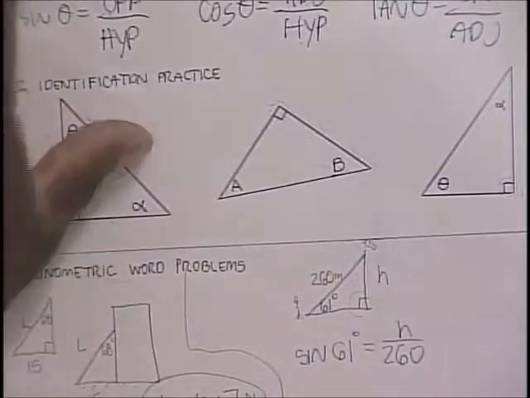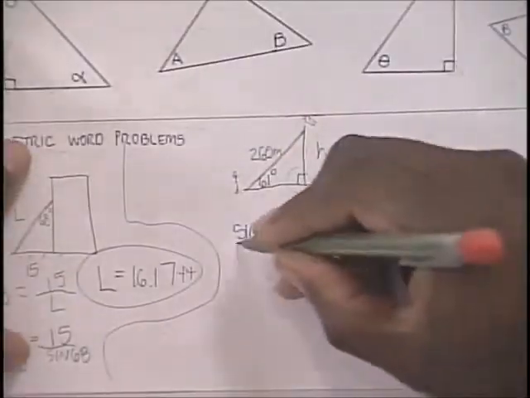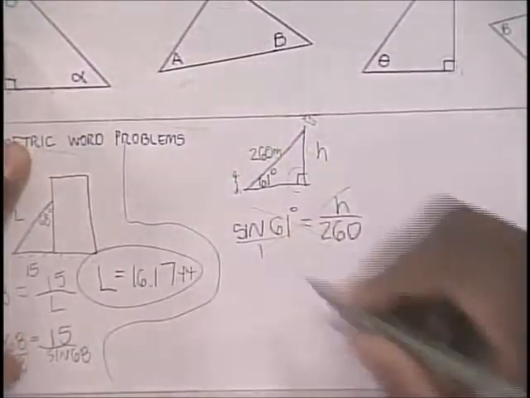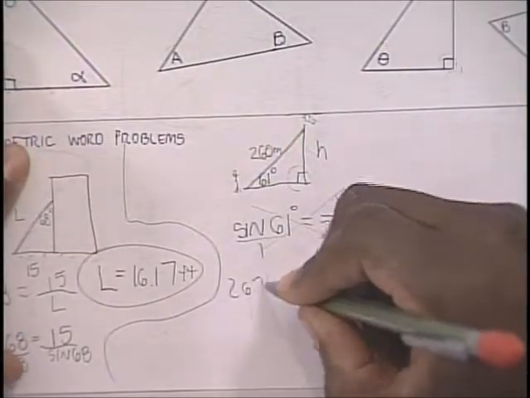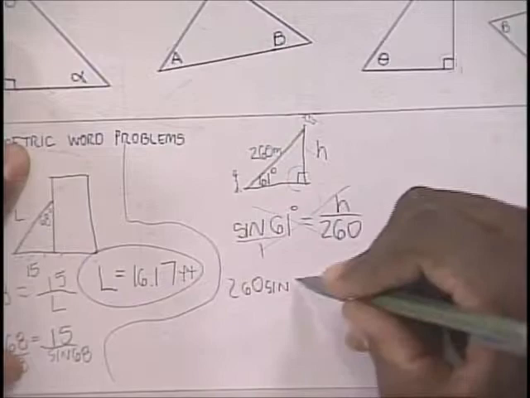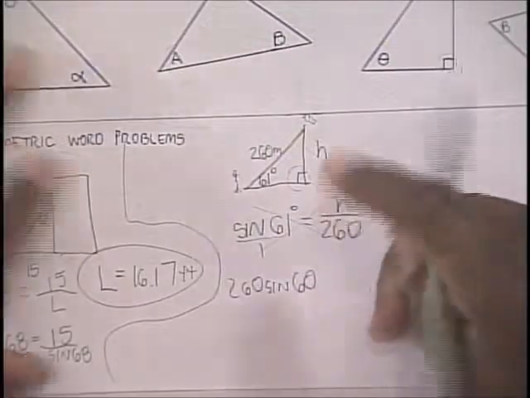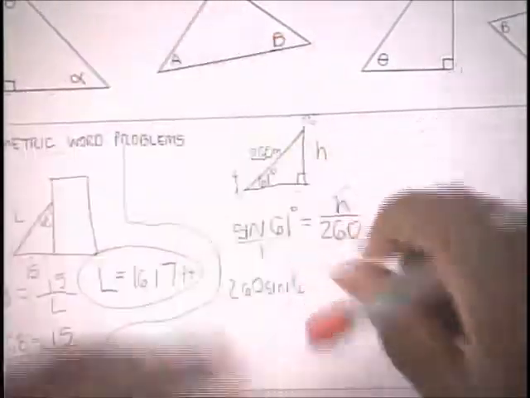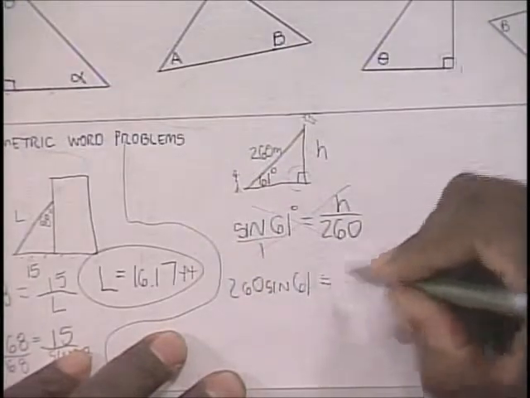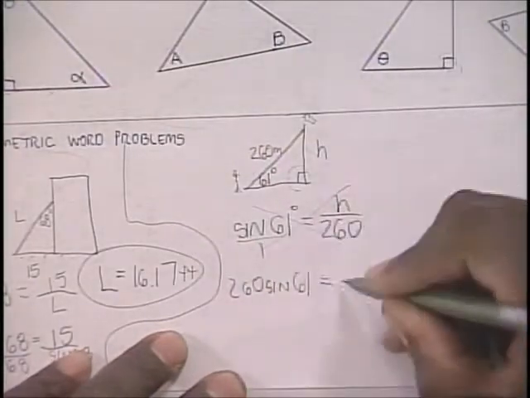That's over 1, and now you just cross multiply. You end up with 260 sine of 61 is equal to 1 times h, which is h.